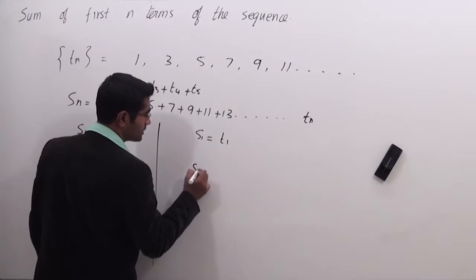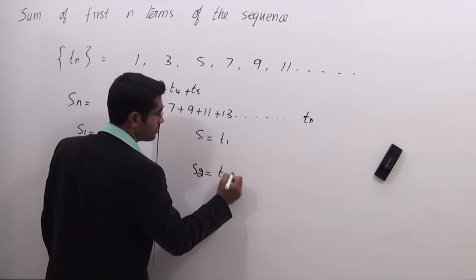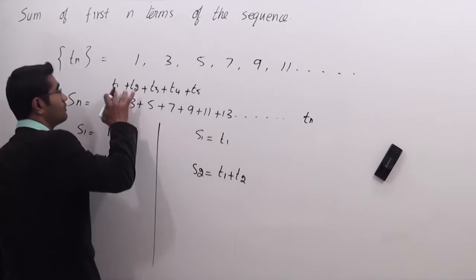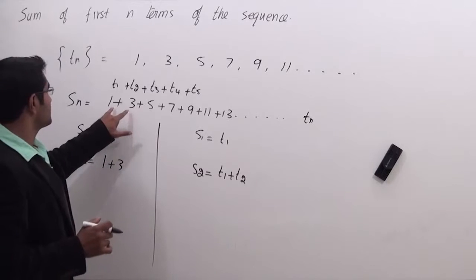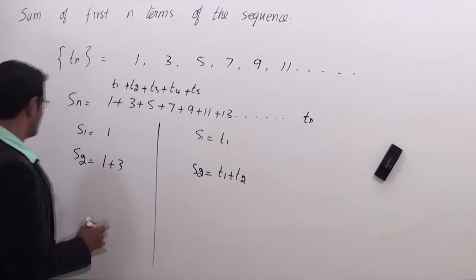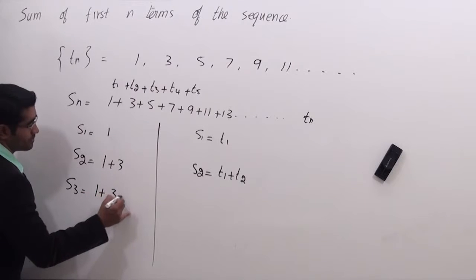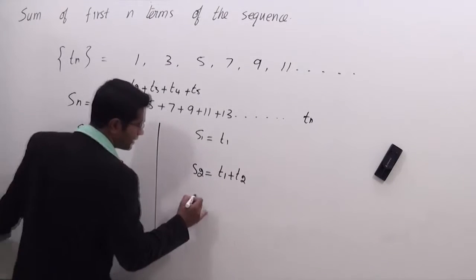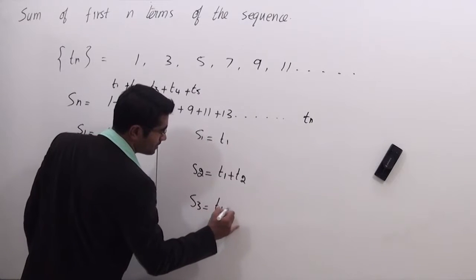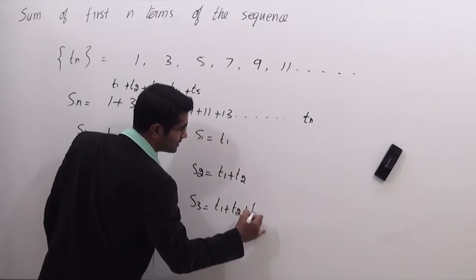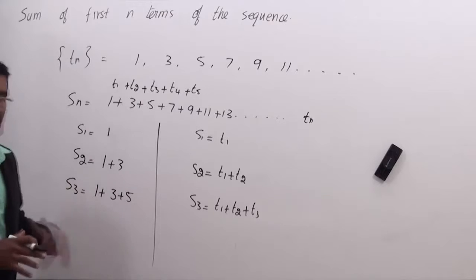Then what is S2 in this case? It is nothing but T1 plus T2. It means the first 2 terms. Nothing much. Then what is S3? S3 is 1 plus 3 plus 5. In that case, S3 would be T1 plus T2 plus T3. That's how it goes. It's a very simple concept.